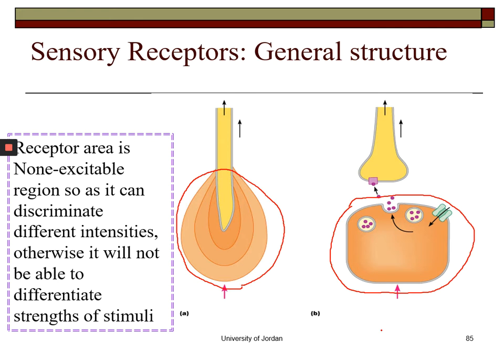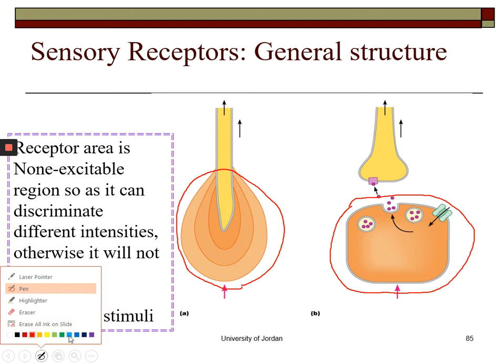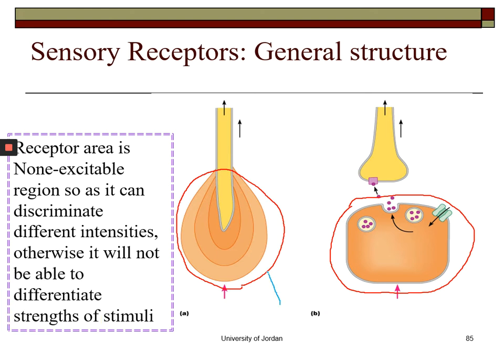Why is it non-excitable? This is a blessing, a kind of design. Suppose it were excitable. If there is a stimulus here or there, and if the stimulus is weak, it does not reach the threshold.